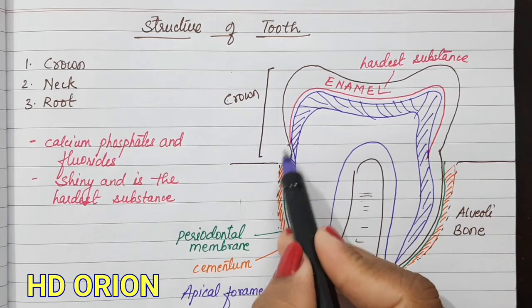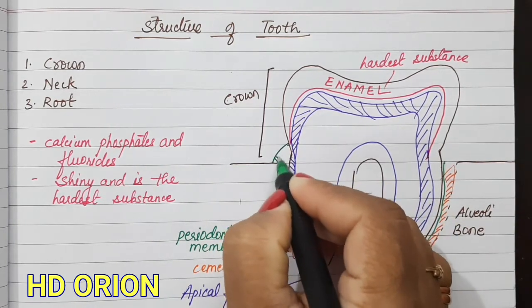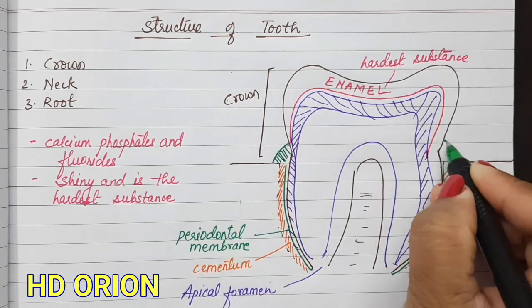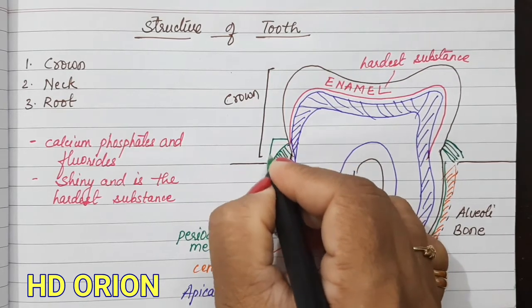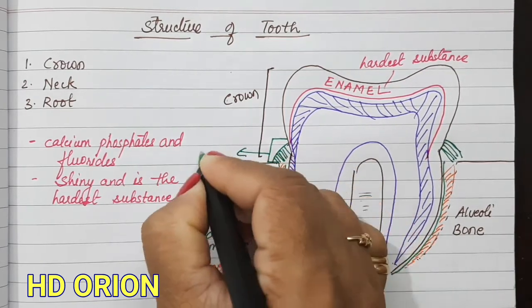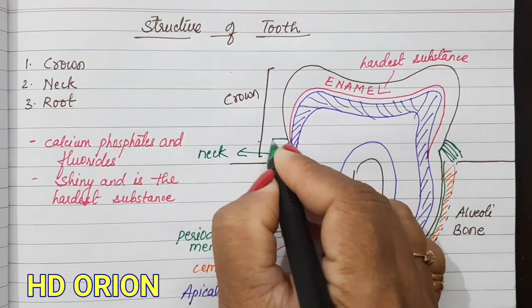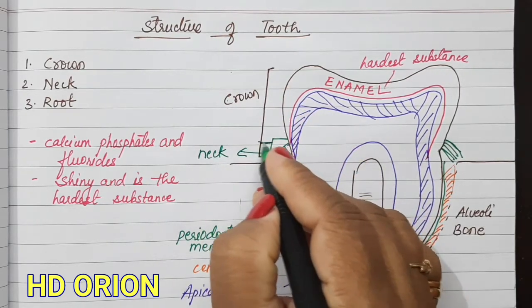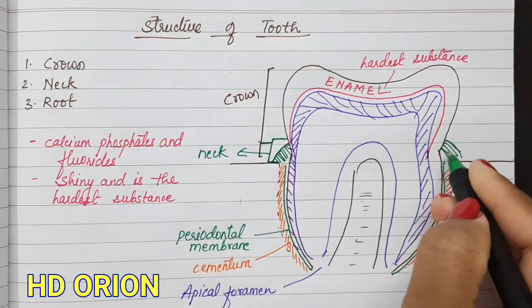There is an attachment of the tooth in this region with the help of gums. So this part which is in the gums is the neck. The neck and the crown are very close to each other. If this is the crown that just ends, neck is very small, only till where the gums are present.